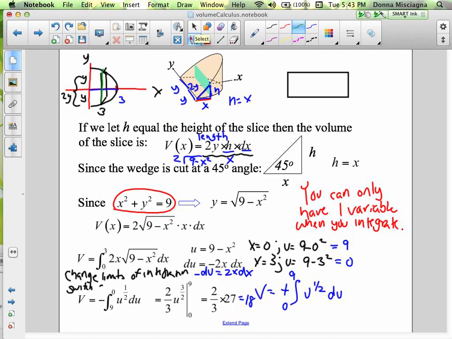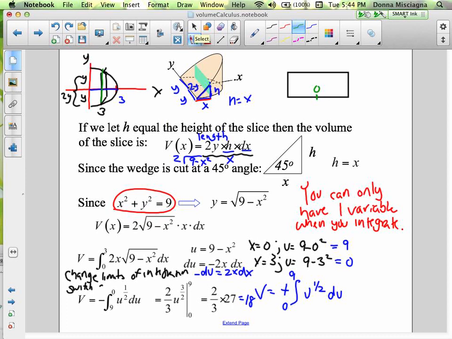Notice that the way I have the rectangle situated, the length of that rectangle corresponds with the y value. Now I put this right at the center, at the origin, and this is symmetric. This is a semicircle, and we have a semicircle base, meaning all these rectangles are sitting on top of a semicircle.